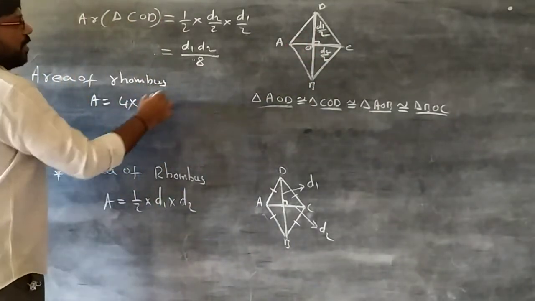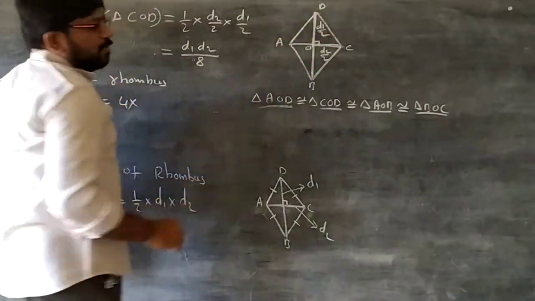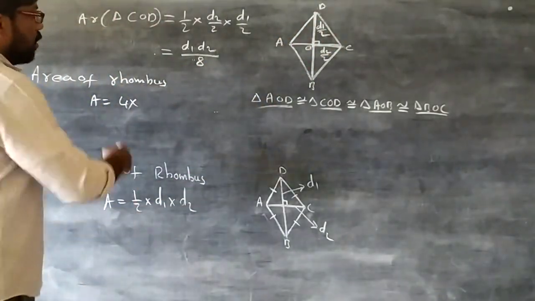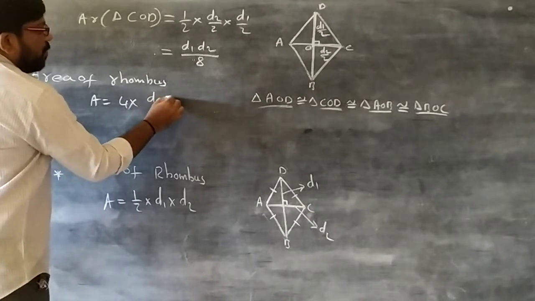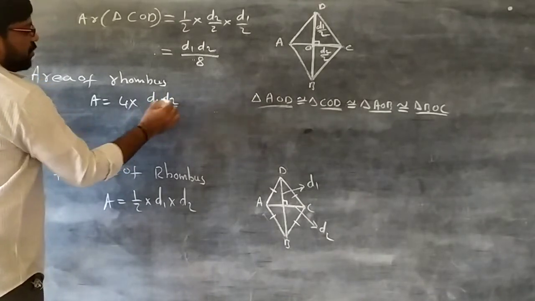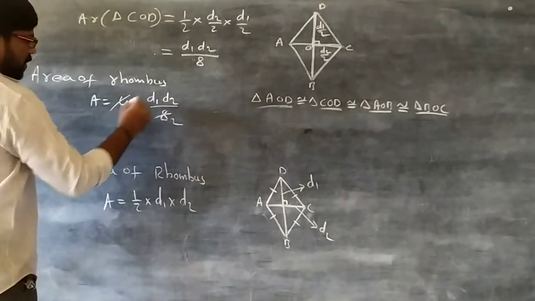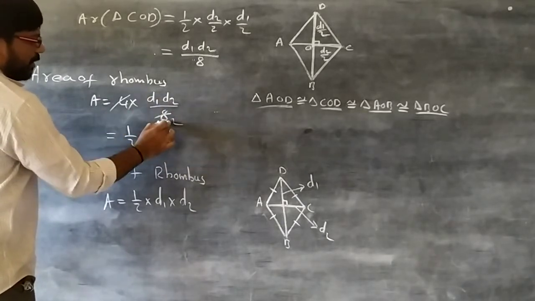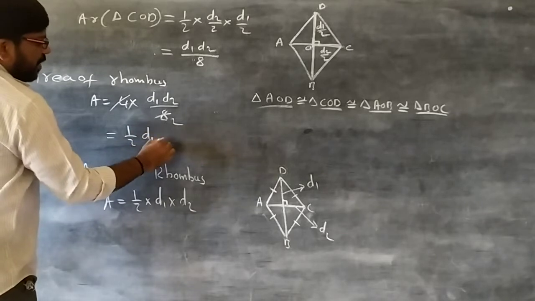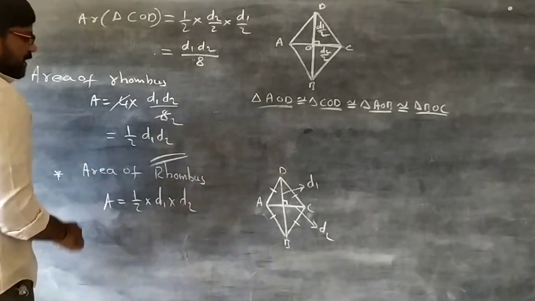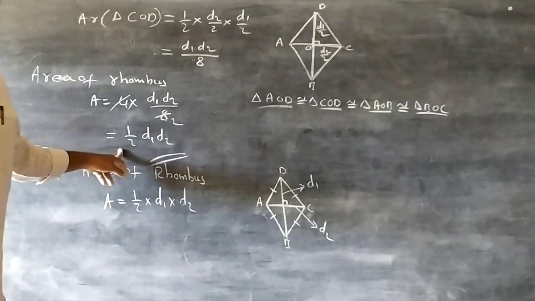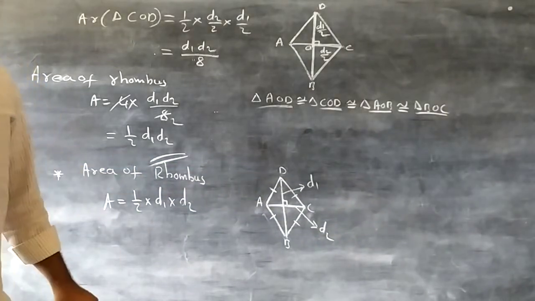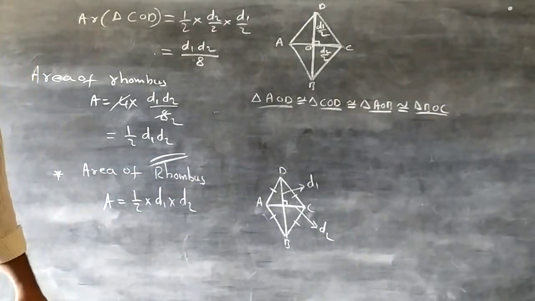So 4 into the area of one triangle. 4 are congruent triangles, right? 4 into D1 into D2 by 8. 4 ones to 4 twos. That is equal to, separating like this, 1 by 2 into D1 into D2. So this is the area of the rhombus. The area of rhombus formula is half into D1 into D2, right?